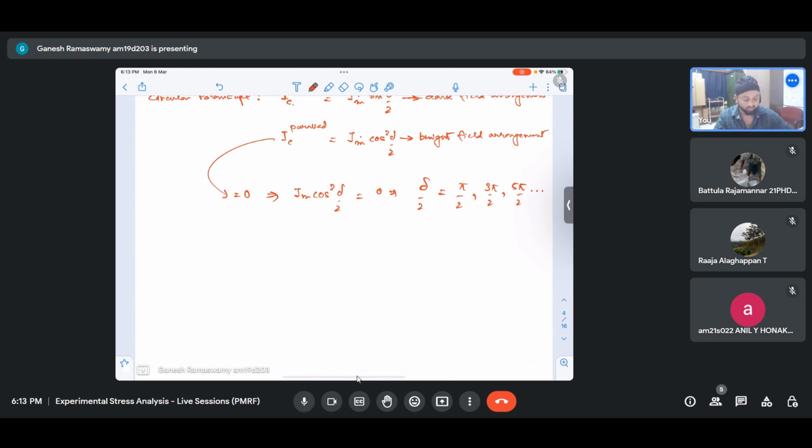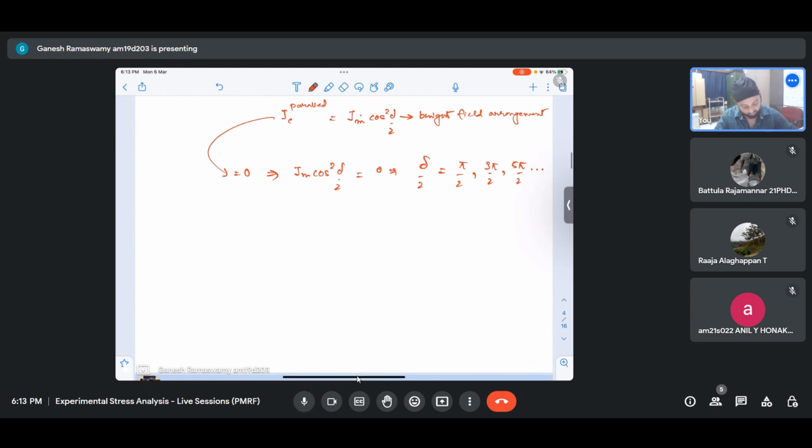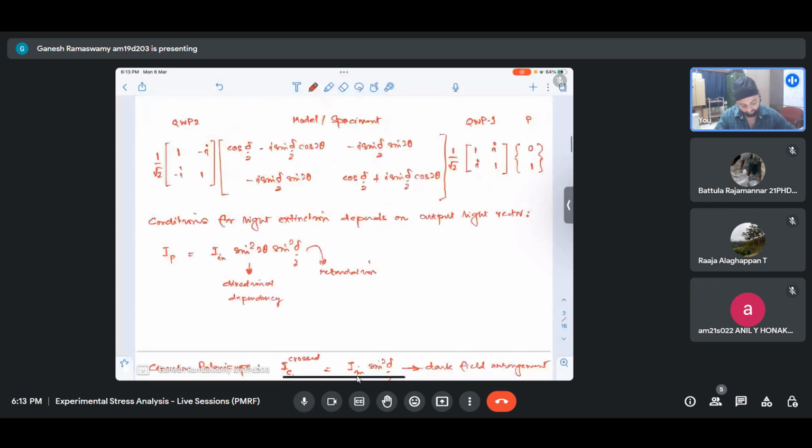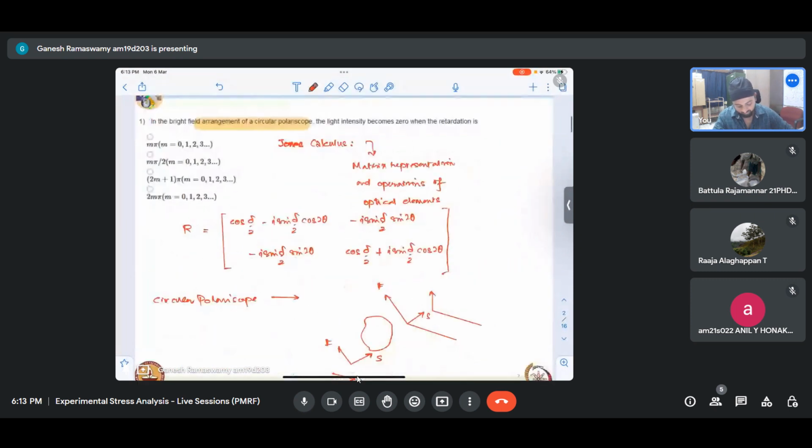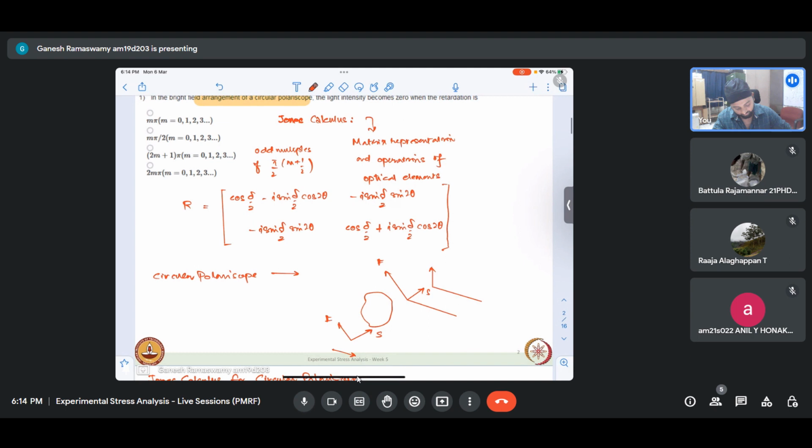which implies, how is the option given? So we are looking at odd multiples of pi by 2. It is m plus 1 by 2 times pi by 2 if we take m to be an integer, which is the constraint given in the question.